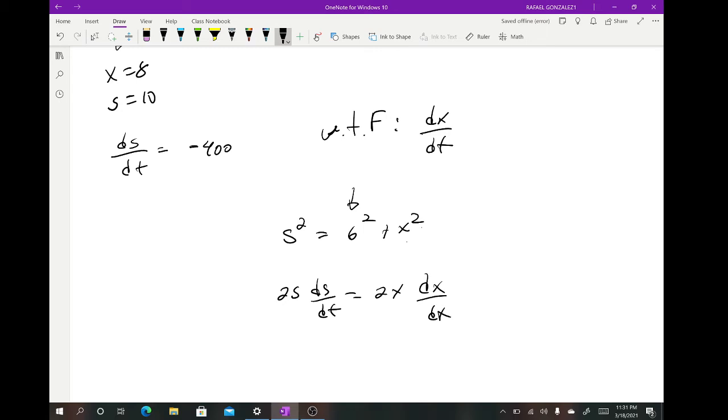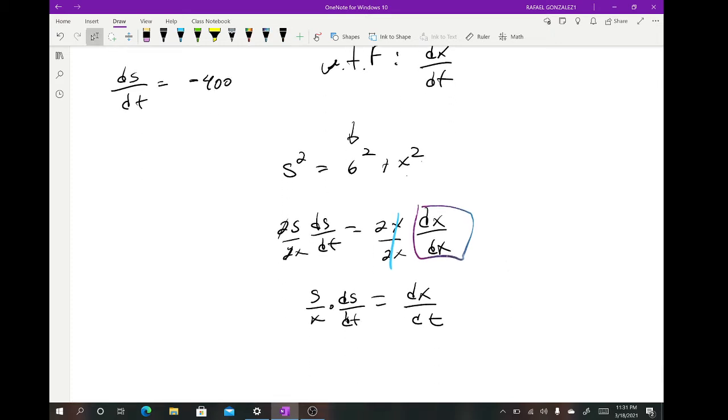Now, what are we solving for? We are solving for dx/dt. So that means that I'm going to divide both sides by 2x, so long as x is not equal to 0. We could cancel this out. We have that dx/dt is equal to, and the 2's cancel out here, so this is equal to s over x times dS/dt.